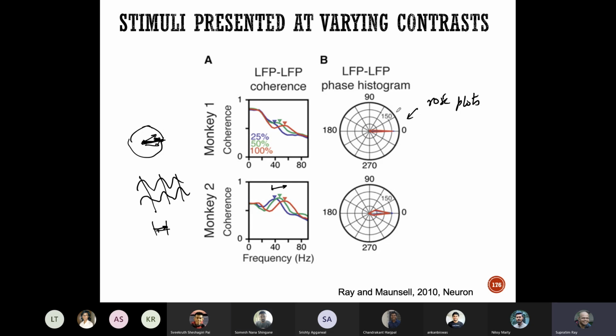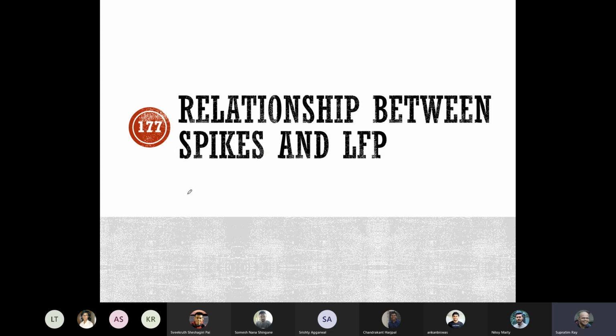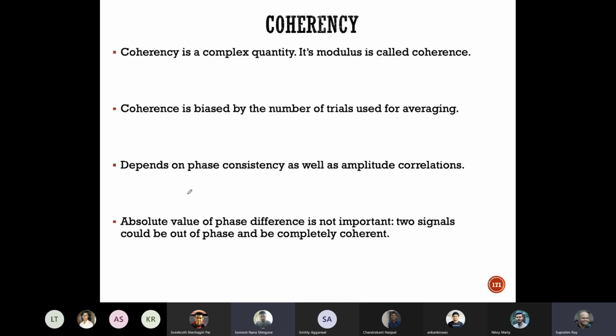So of all the electrode pairs, we are just simply asking how many times I get a value of 0, how many times I get something else, and it's almost always 0, which means you're almost always perfectly phase aligned. Okay, so I have answered the first question, which is: is there a relationship between gamma waves recorded from different electrodes?